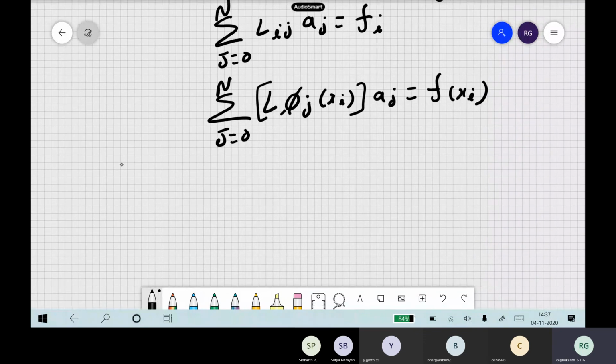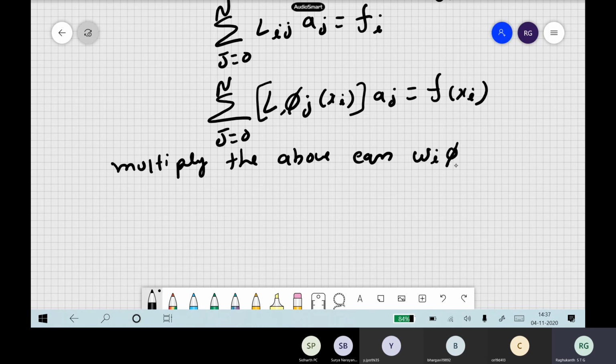Now we multiply the above equation by our function wi times phi n of xi. These w's are nothing but the Gauss quadrature weights.